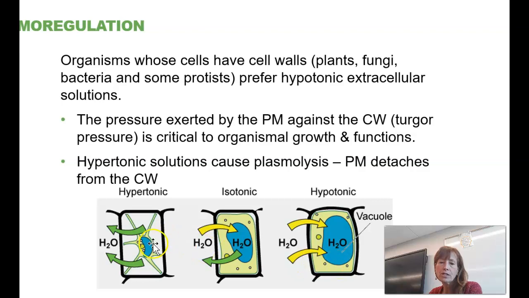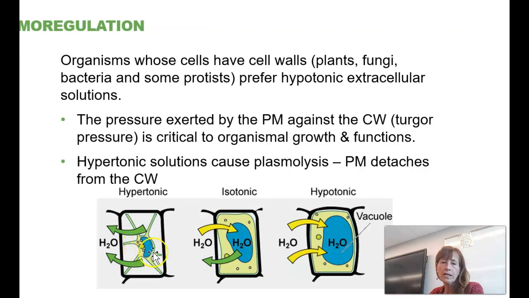And the opposite condition, if the cells have a hypertonic condition where there are more solutes dissolved outside than inside the cells, then water moves out of the cell. And look what happens. The central vacuole shrinks up, and even more than that, the membrane shrinks in.